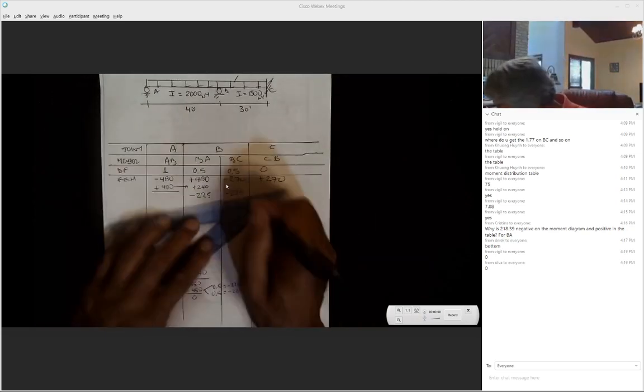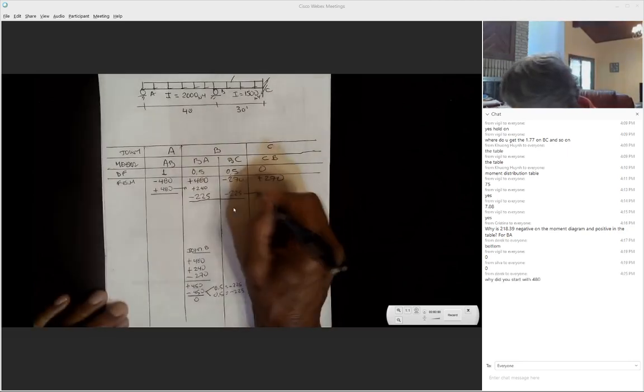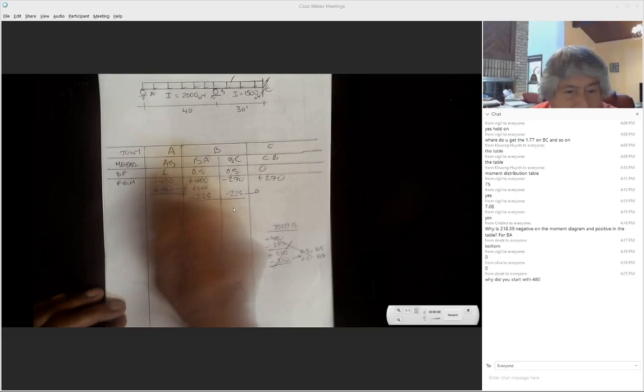And this line means equilibrium. Anybody have a question where I get 225 in here? Anybody? Computation: plus 480 plus 240 minus 270, I had plus 450. Equal and opposite, minus 450, 50% comes to here, 50%. The carryover factor will take 1/2 across.